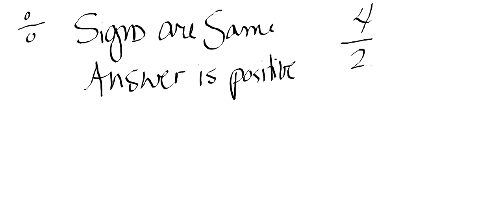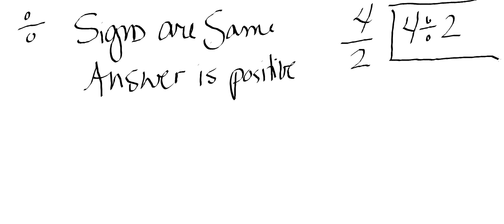So 4 divided by 2. And I am going to use fraction form. You are never going to see me use the division symbol in this manner. We will really be using fraction form a lot. So 4 divided by 2, but my signs could also be negative 4 divided by negative 2.